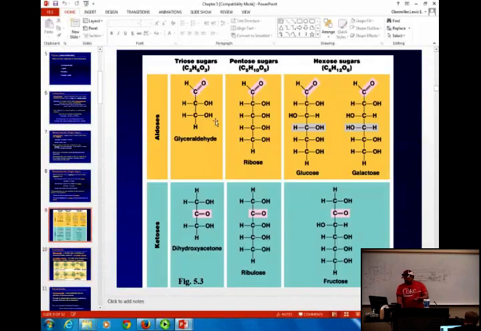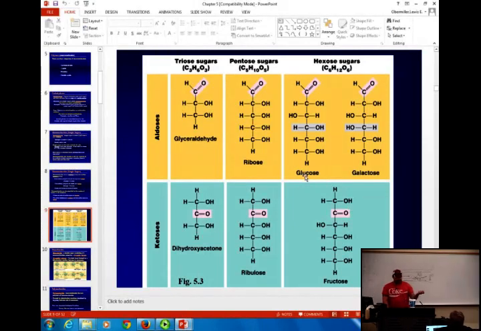We'll talk about this again, but there are certain sugars that are called aldoses because they have aldehyde groups, right? So ribose is one. Where do we find that sugar? DNA and RNA. Glucose, where would you find that? Yeah, so it's glucose and fructose.